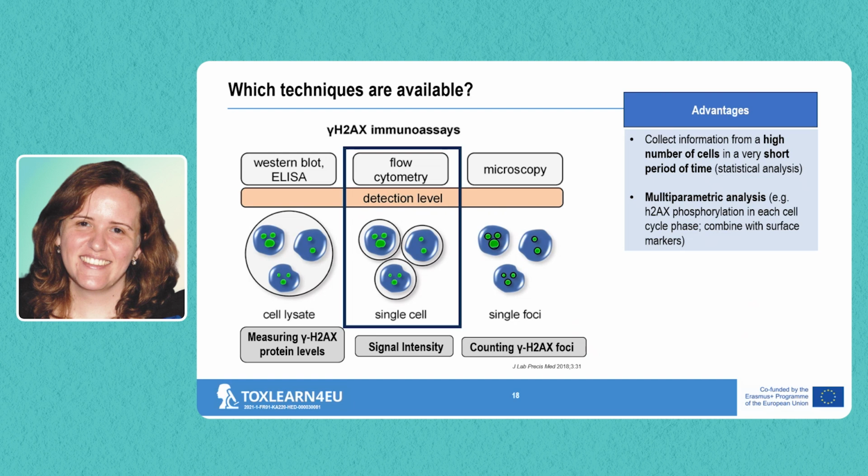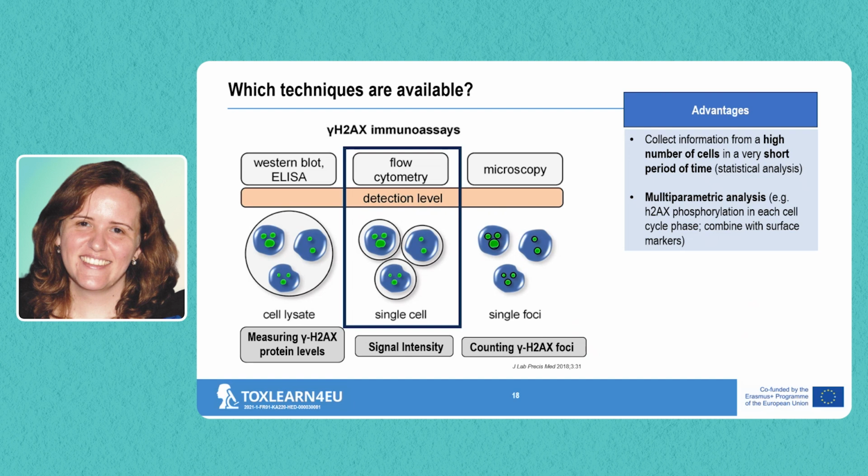Okay, so in this case we are also looking at single cells, but we are looking at the intensity of the signal. So the advantage of using flow cytometry is that we are able to collect information from a high number of cells in a very short period of time. As you can imagine, it is much quicker than doing this using microscopy.